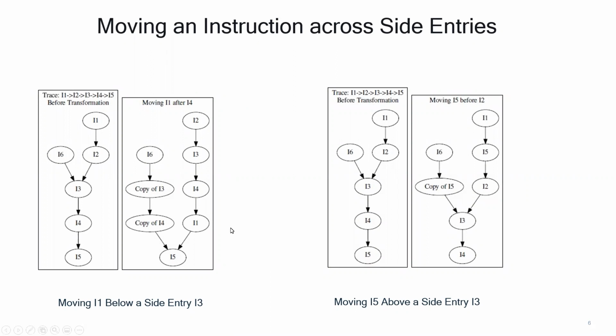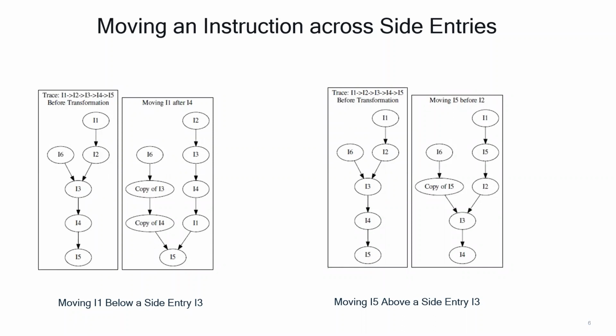In this control flow graph, assume that the trace is I1, I2, I3, I4, I5. This is not the complete control flow graph, so forgive me for hiding the uninteresting details.